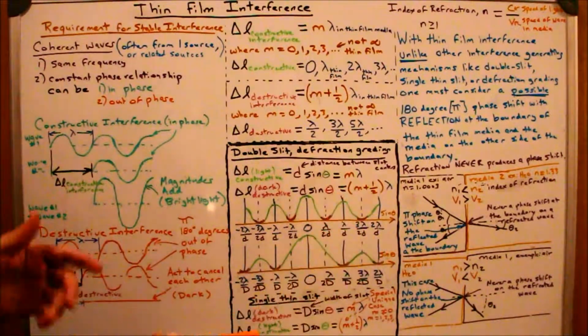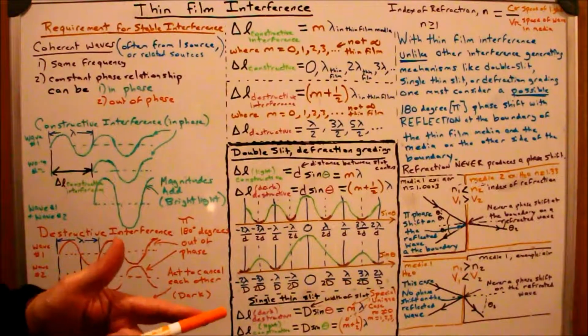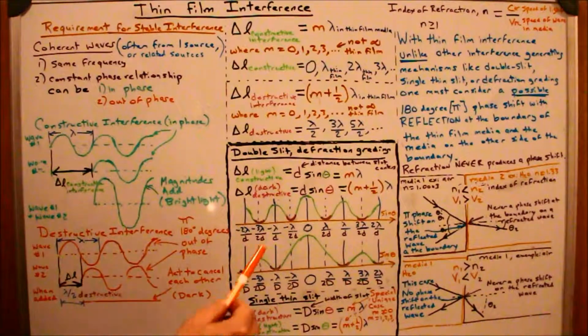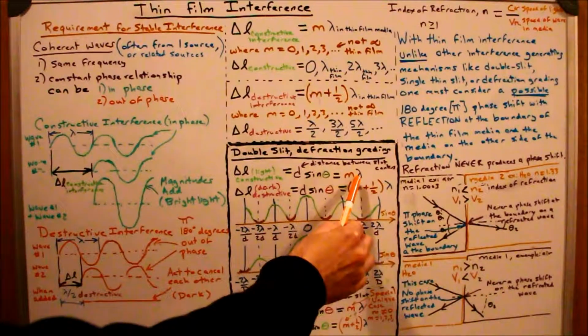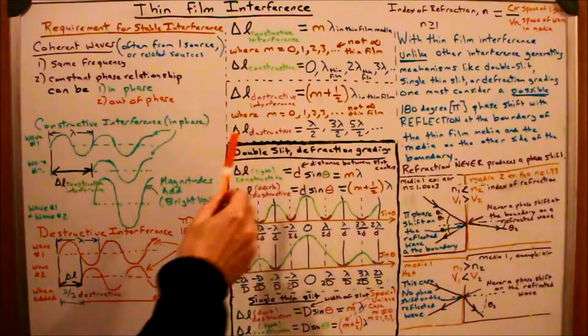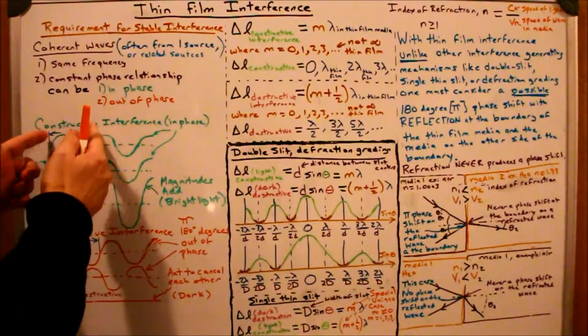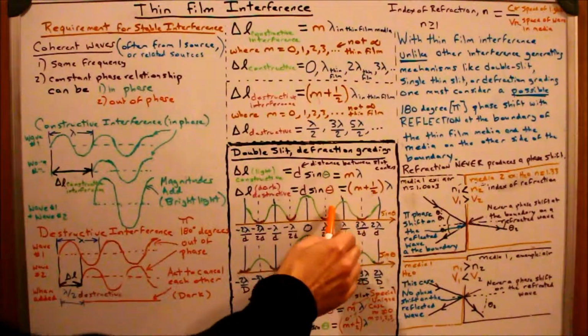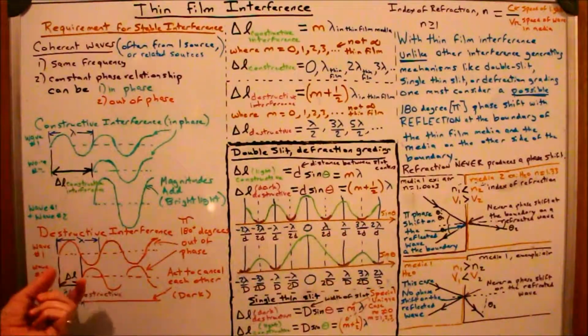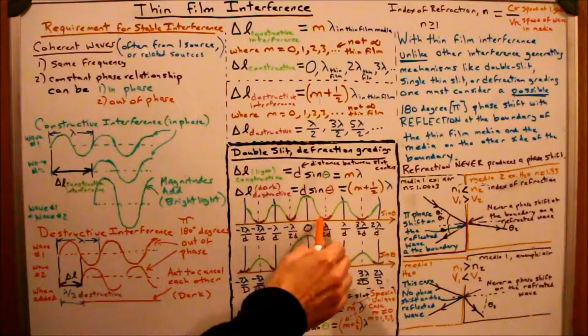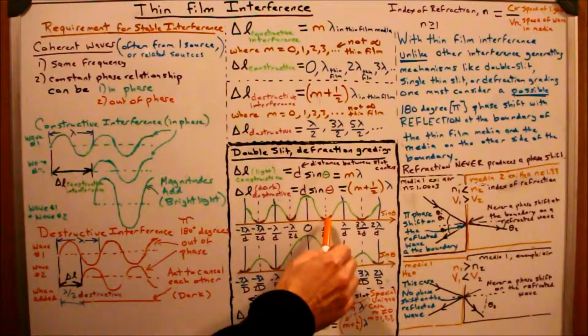If m is 0, it means the point between the slits. Okay, that would be bright. And then if it's one wavelength difference, then that would also be bright. And then half a wavelength difference, they destructively interfere, so it'd be dark.